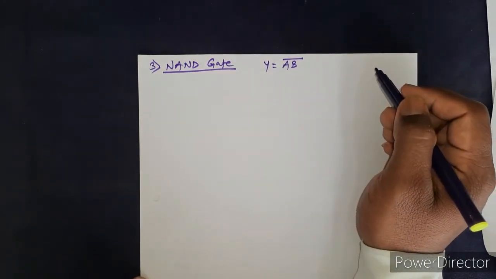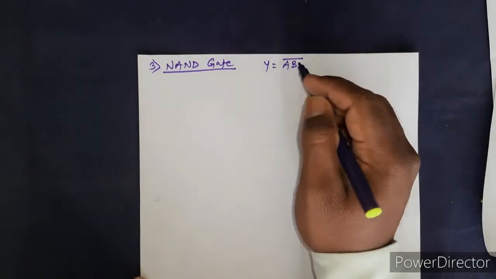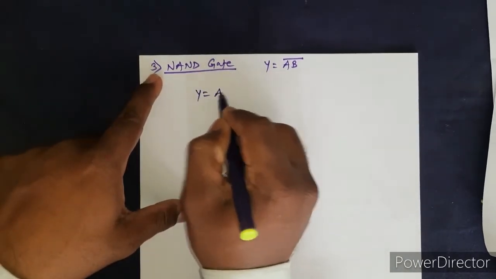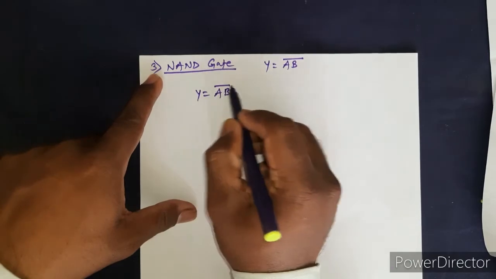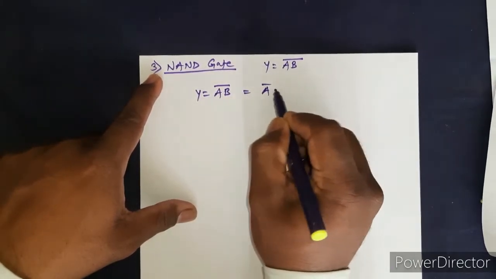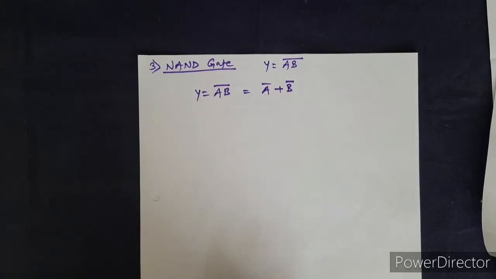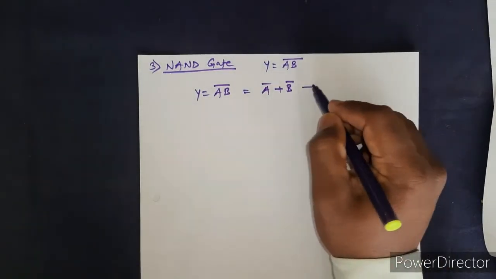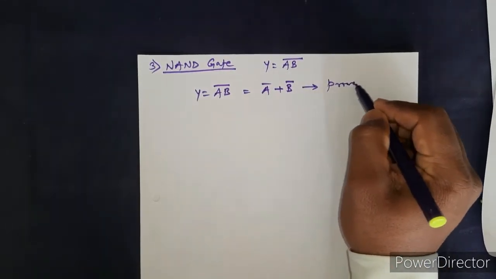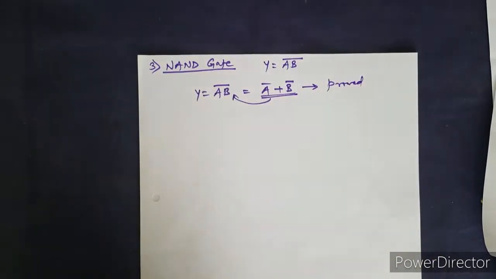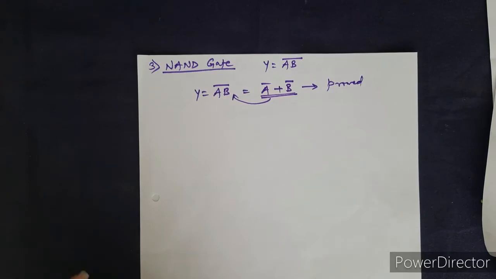If you remember the two De Morgan's theorems, one theorem states that for y equal to a b whole bar, this bar can be divided as a bar plus b bar, right? So we have also proved this.